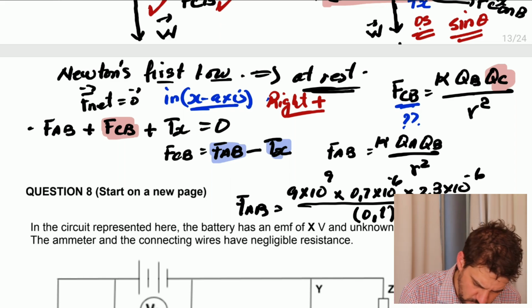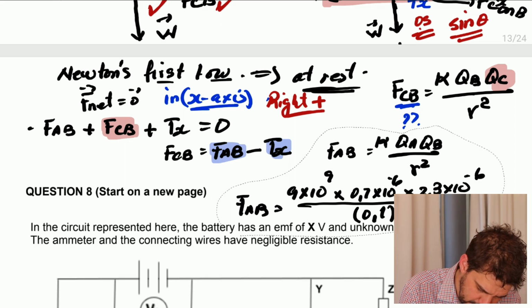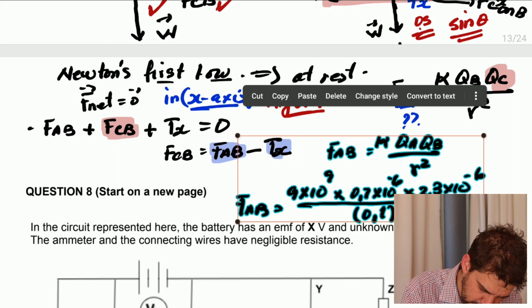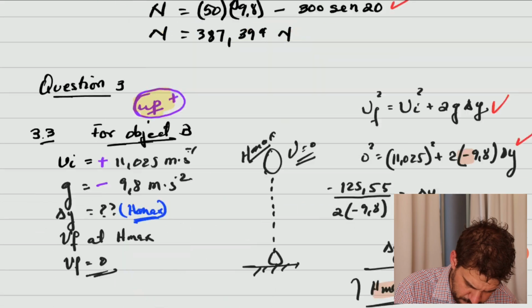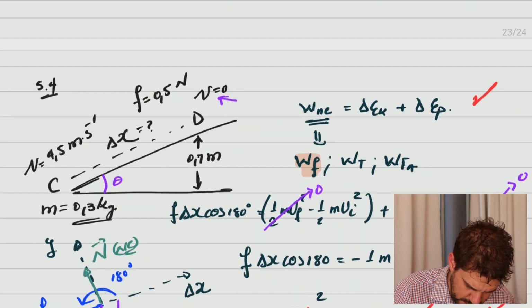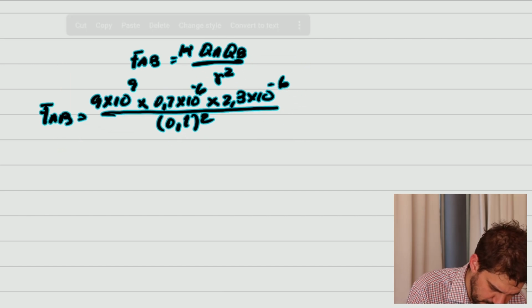All we have to do is to calculate. I am going to take it to a new page so I can use my calculator. Moving to a new page, here we are. I'm sorry for taking so long and making you wait. Here is the question, paste, there we go.